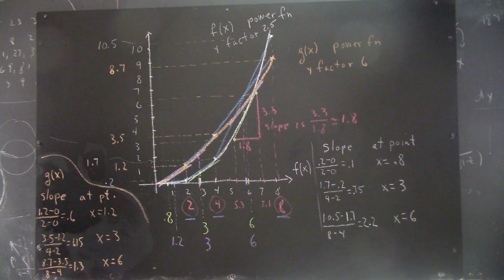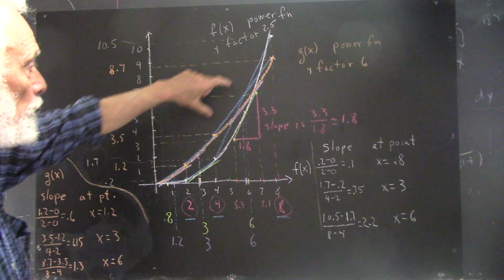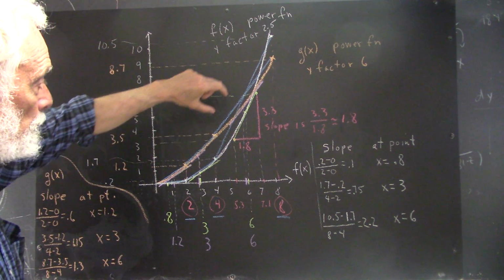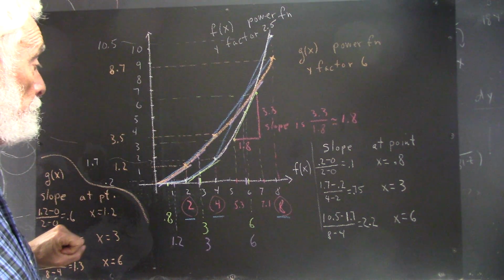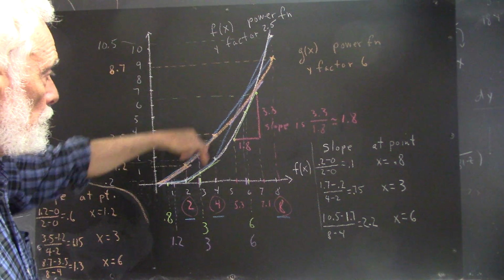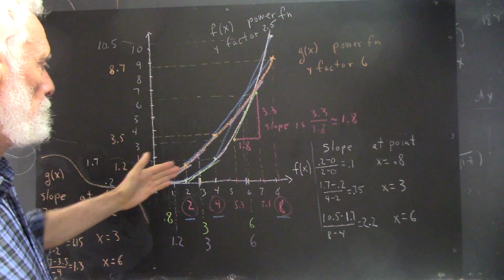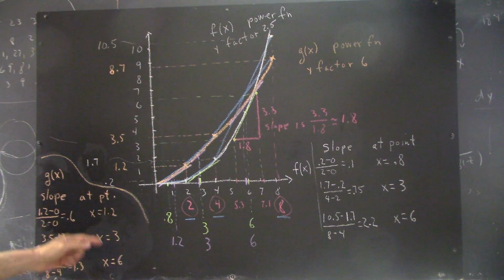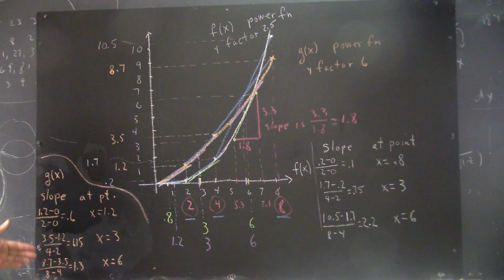And then we make estimates for this and this, giving us the slopes of this purple tangent line and this purple tangent line, and we estimate the coordinates at which those purple tangent lines are tangent to the curve. So that's where we get the x equals 3 and 6, and the slopes 1.15 and 1.3.